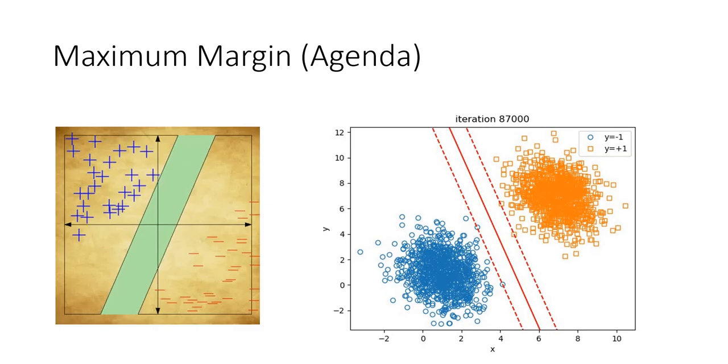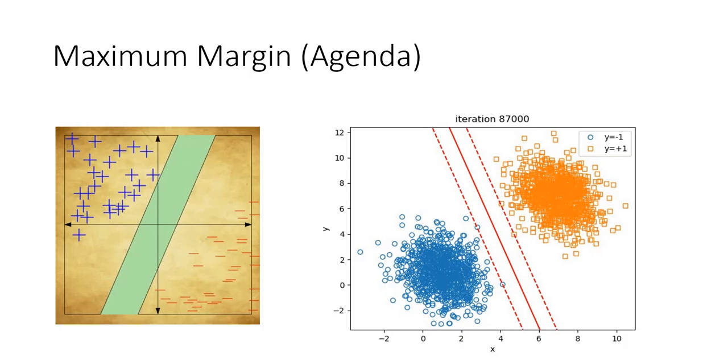Number two, support vectors, which means the closest important data points. And the third one is the margin, the distance between the decision boundary and the closest points from each class. The larger this margin, the more robust our classifier generally becomes.